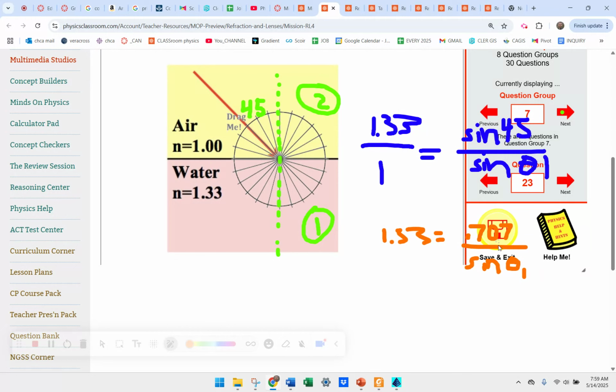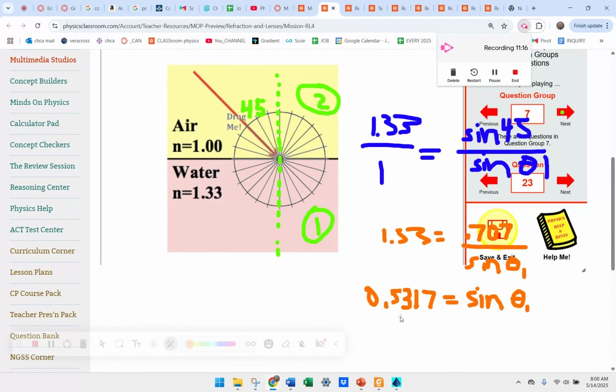This is just basic algebra, but you need to either do this as a two-stepper, multiply times sine of theta by both sides and then divide, but ultimately you end up doing 0.707 divided by 1.33. And you're going to end up with a number, 0.5317, is equal to sine of theta.